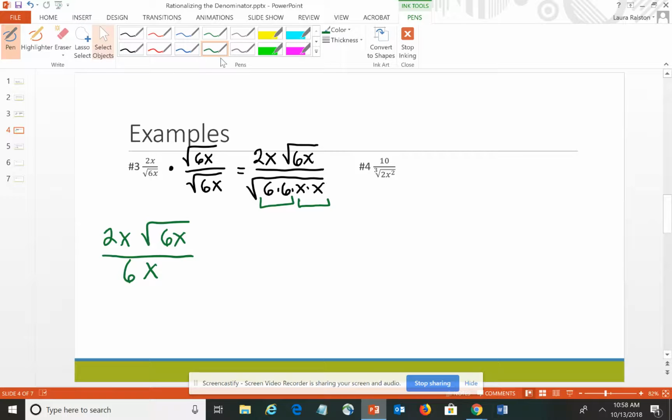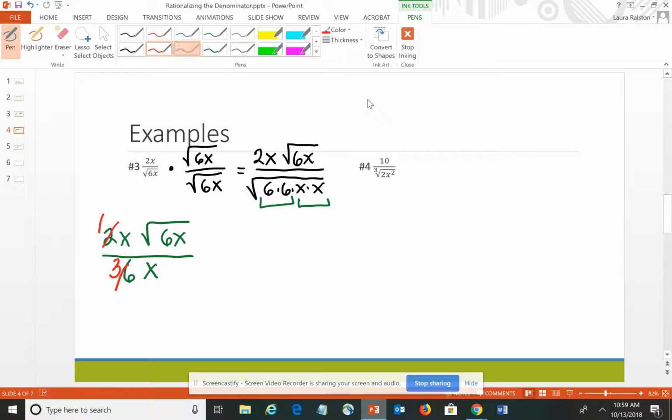I'm not quite home free here yet, because 2x over 6x is like a fraction, and we need to try to simplify that. I recognize that 2 can be divided by 2 as well as 6. So 2 divided by 2 is 1, and 6 divided by 2 is 3.